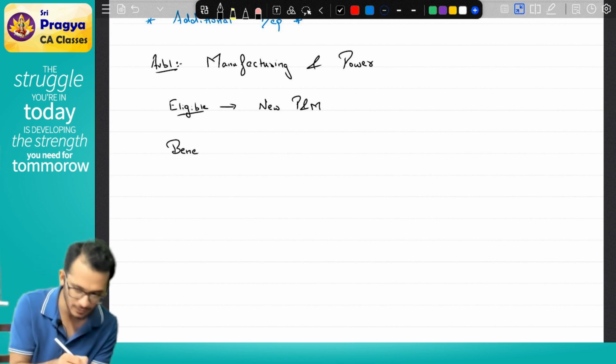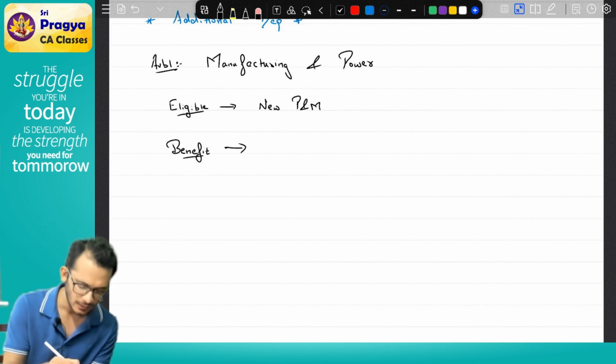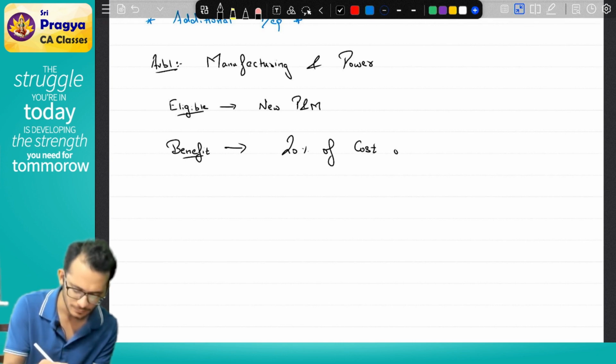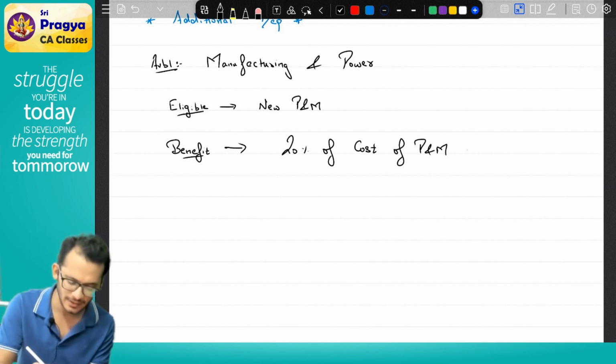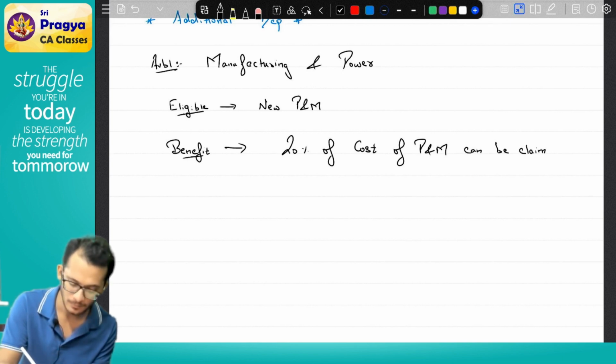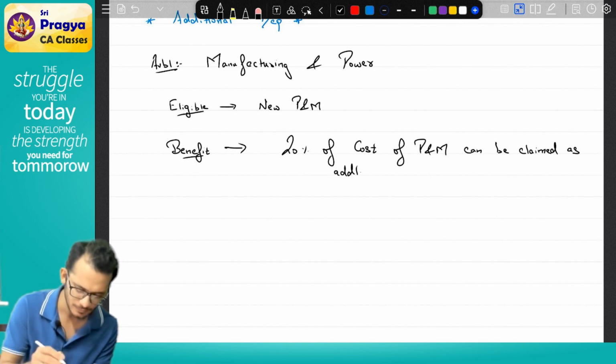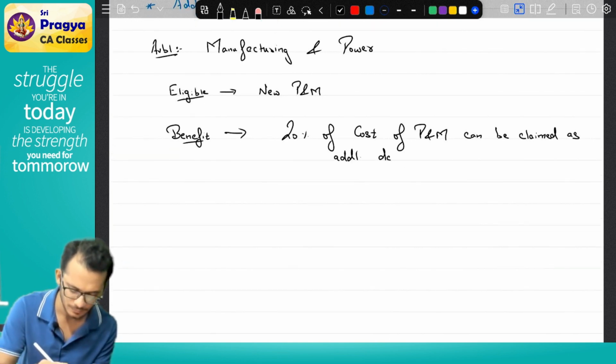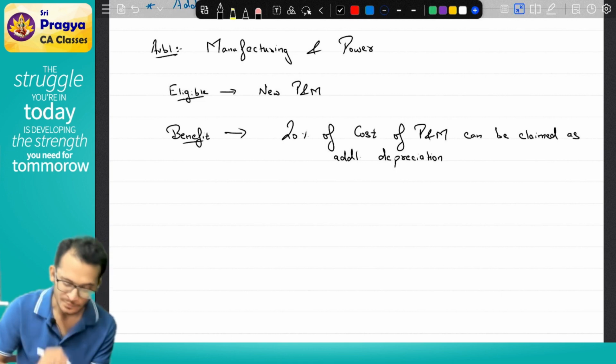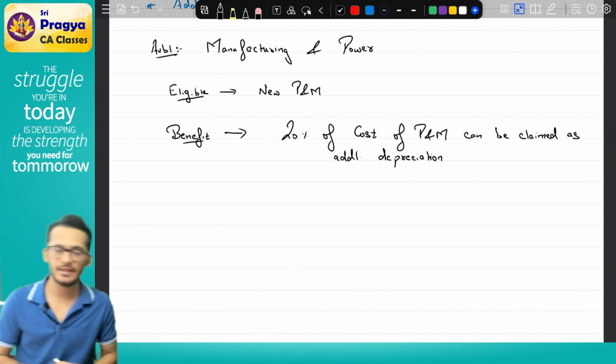I am saying, Rahul, if you have new plant and machinery, 20% of the cost of the machinery can be claimed in year 1 as additional depreciation.